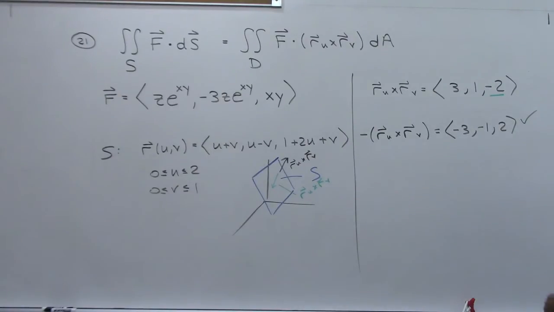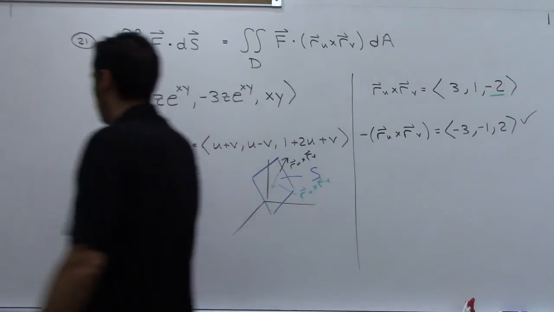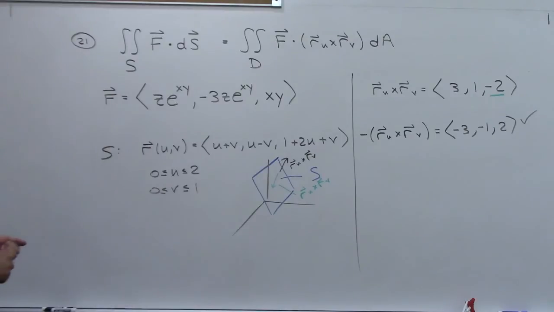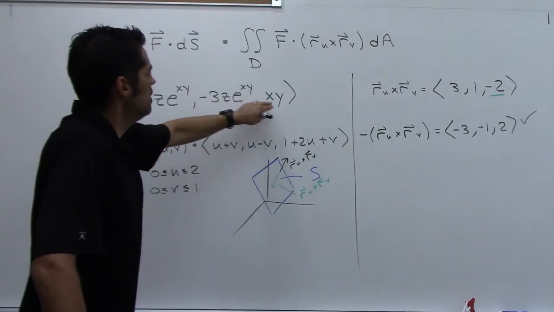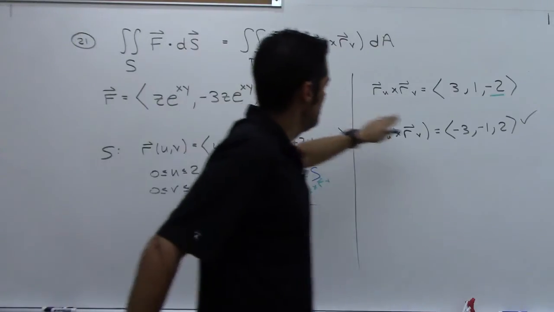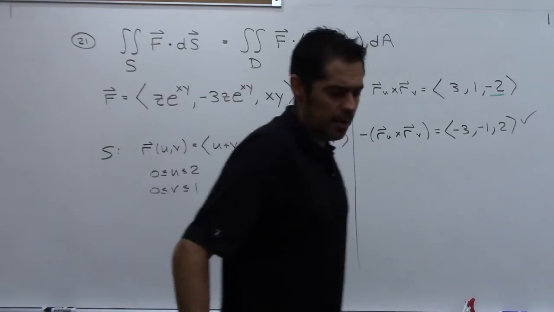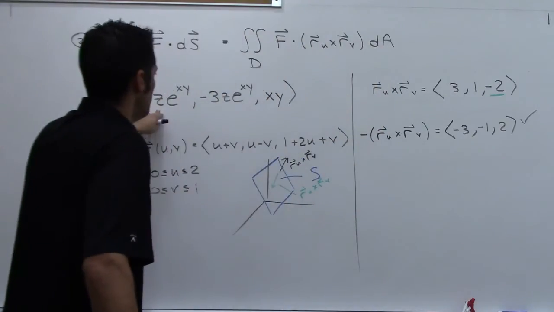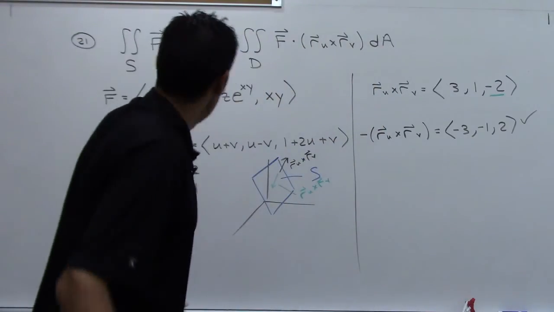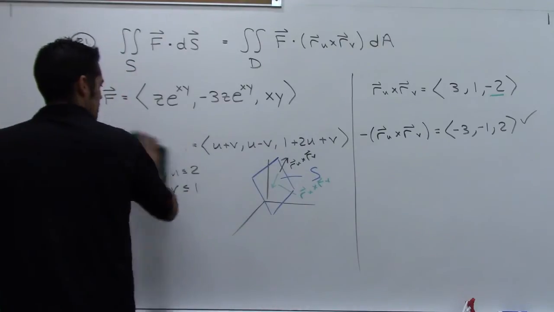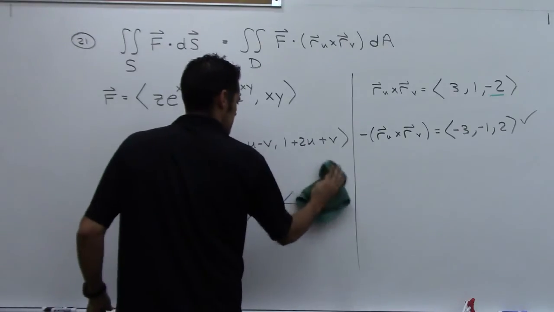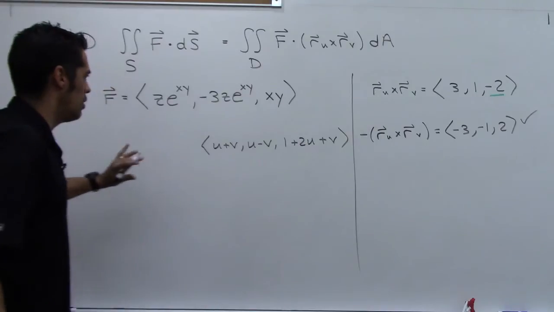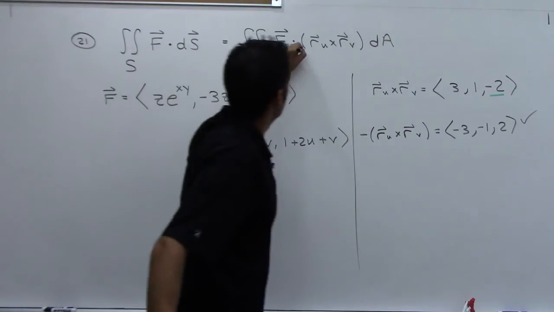And then at this point, we can start putting things together. I'm going to use the F, which is this, dotted with this right here, but I also need to evaluate F on my surface. So I need to set up, I think I'll do it right underneath this, separate work, because I'm trying to get these two parts. I've got this part.